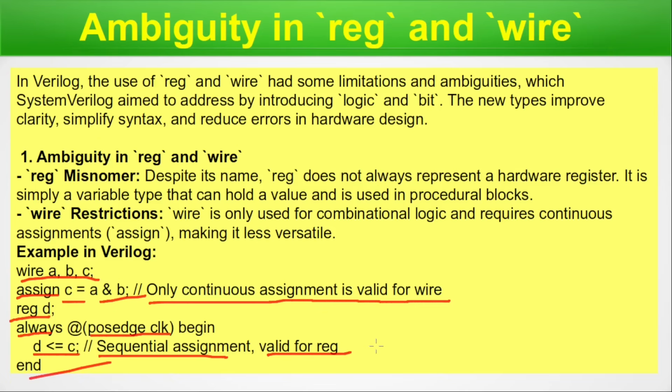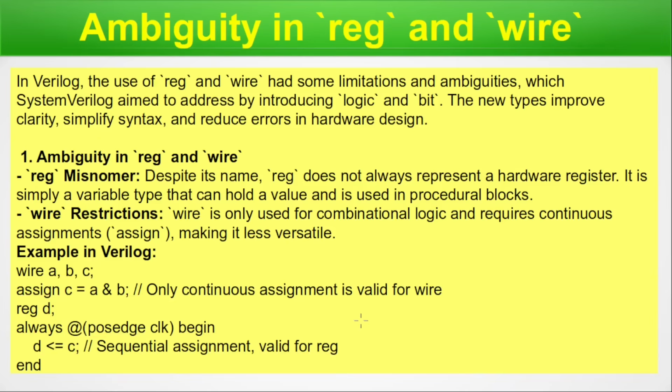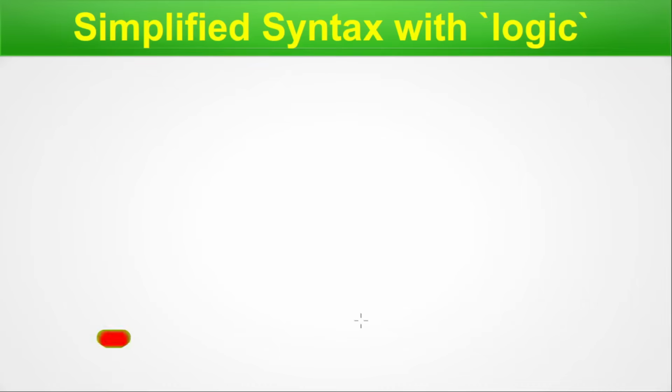They eliminate old ambiguity, support both combinational and sequential logic more intuitively, and help make your hardware design code cleaner and more robust. So we are done here with this particular slide and the example to show you. We'll move on to the next slide.